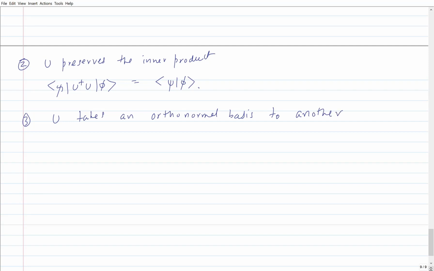So when you hit every basis vector of a particular basis set with a unitary matrix, you get another basis, simply because intuitively it's kind of like a rotation preserving the norm of a vector. So the vector remains normalized and they preserve the inner product. All the vectors of a basis set which were perpendicular to each other retain the same angle, giving an orthonormal basis.